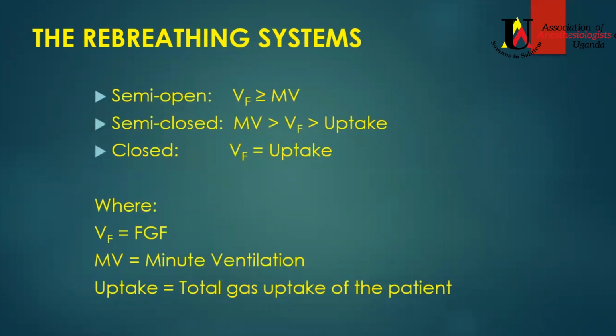So we have the semi-open. Here, your fresh gas flow is way greater than the minute ventilation for the patient. The semi-closed, your fresh flow is less than the minute ventilation, but still greater than what the patient is uptaking. Then you have the closed, where your flow is equal to the uptake.